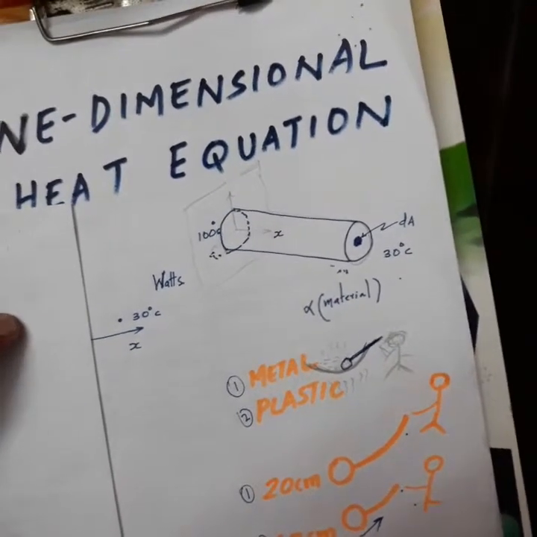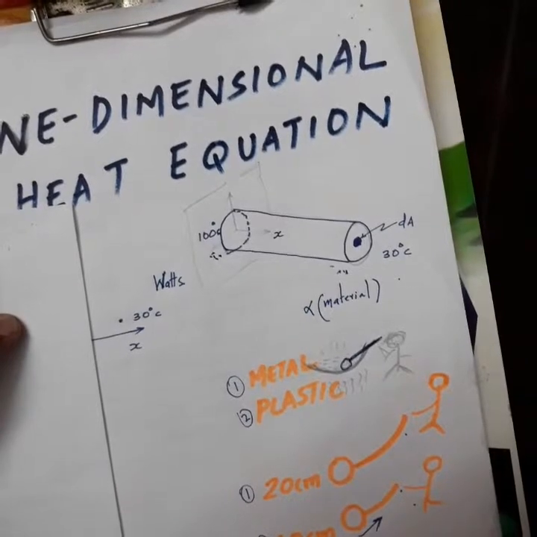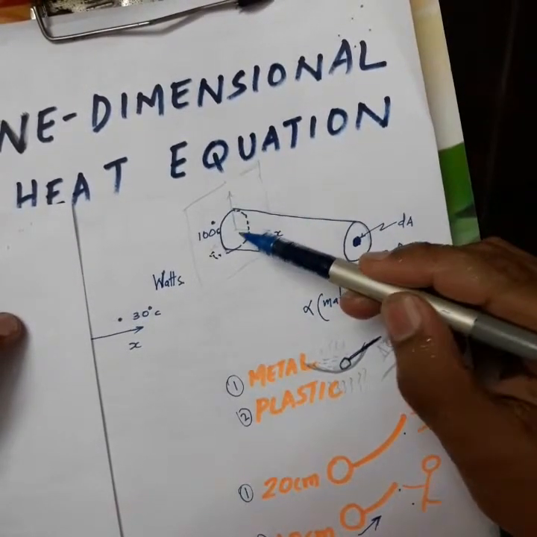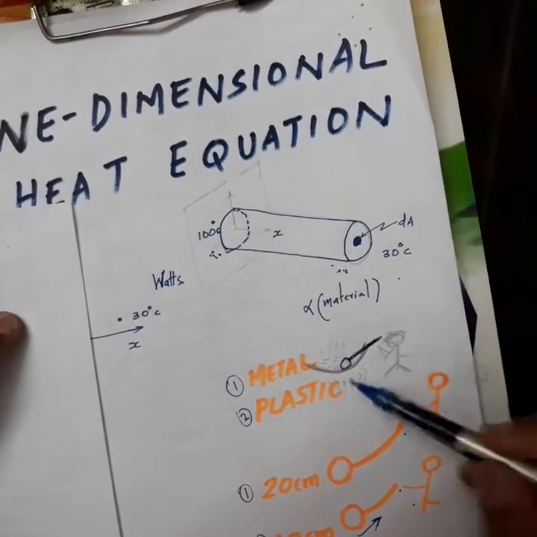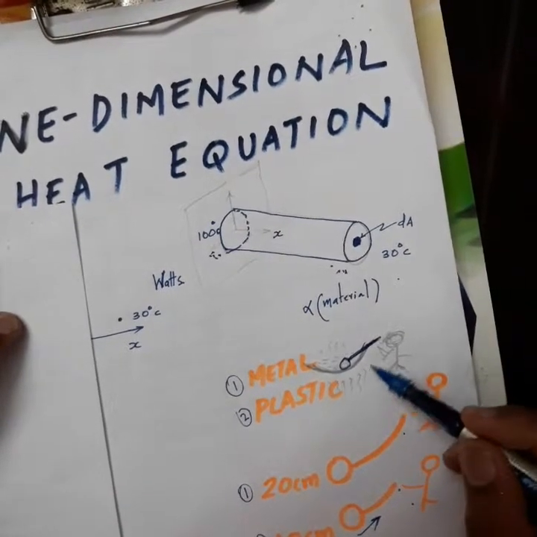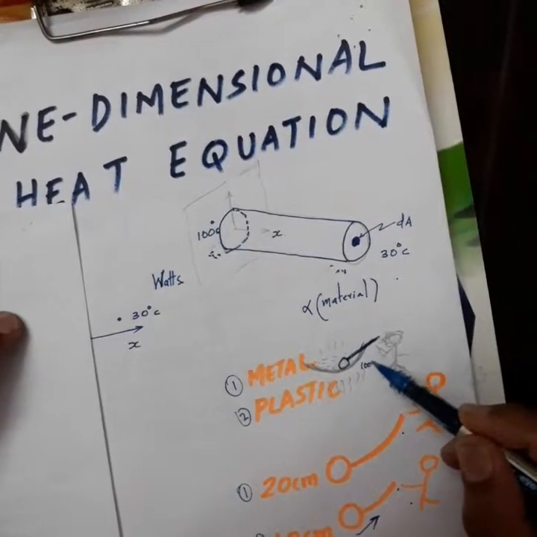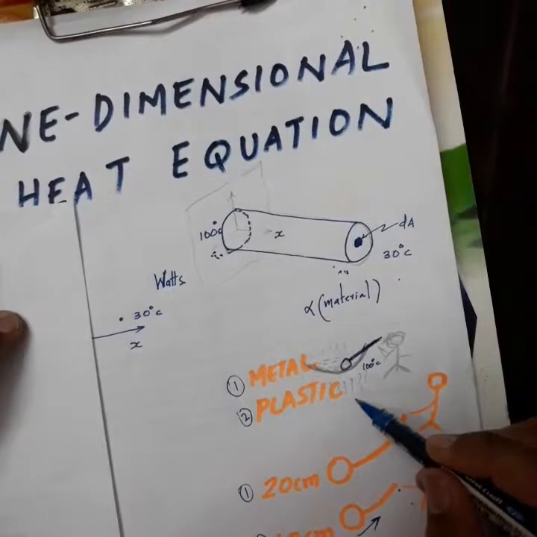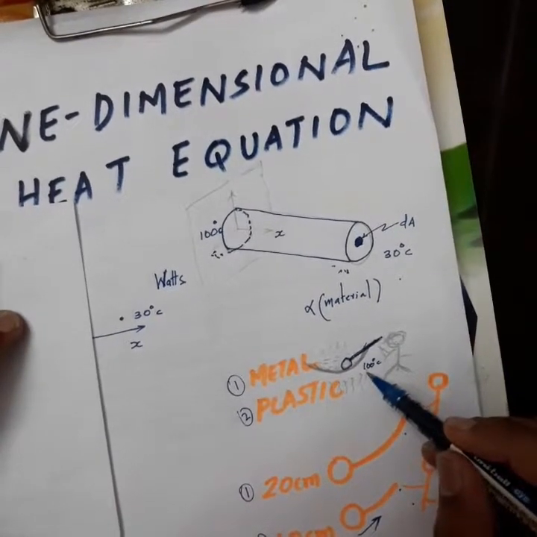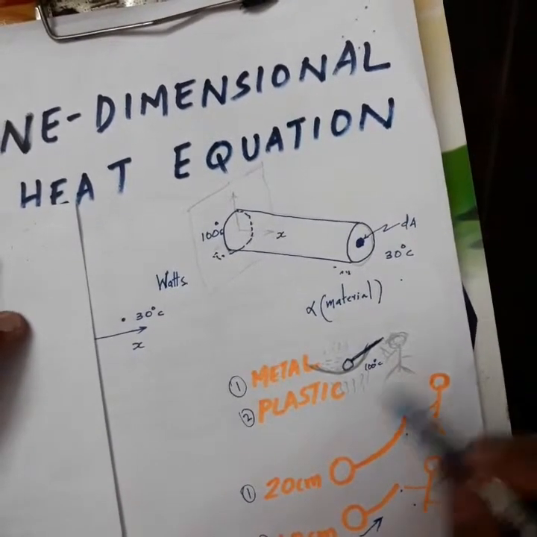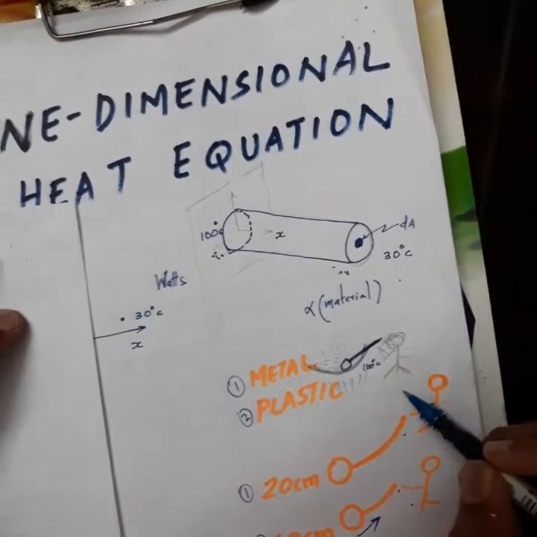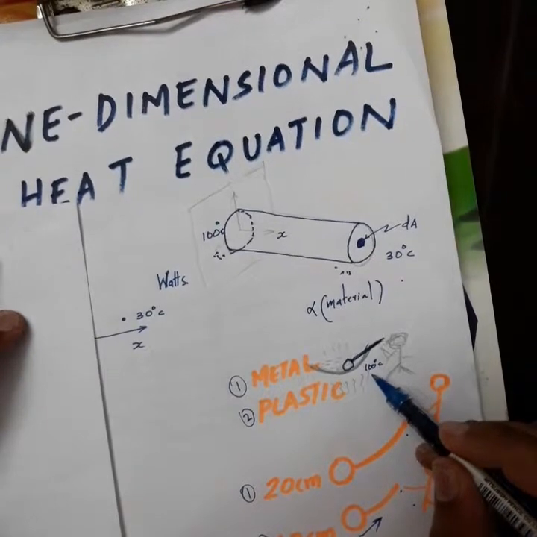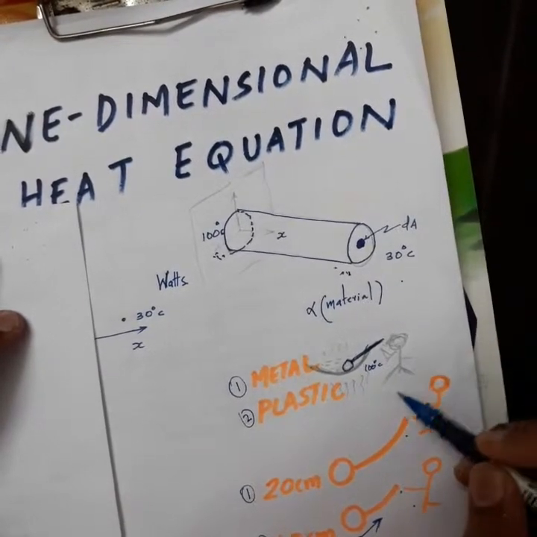Now let's do a third thought experiment, in which I'm increasing the temperature at this particular point. In the first case, I'm cooking at a temperature of 100 degrees Celsius. In case 2, I have increased the temperature at which I am cooking to 1000 degrees Celsius.